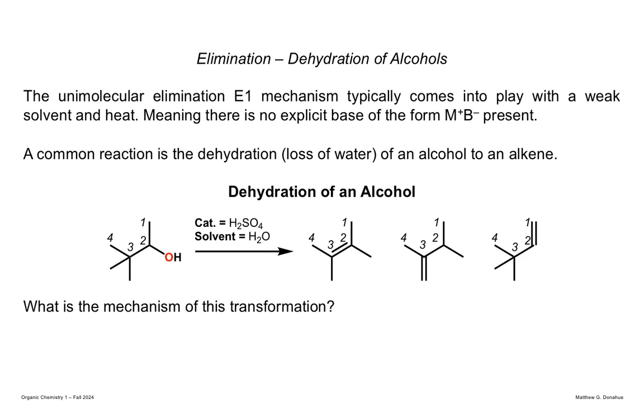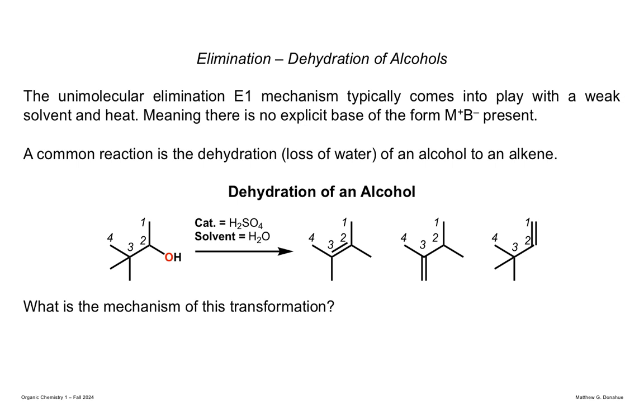So really the difference here is now instead of substituting off solvent for the leaving group, we're going to do an elimination. But we sort of go through the same initial steps where the leaving group has to ionize. And then instead of trapping the carbocation, we're going to do an elimination. So in the E1 mechanism, the reaction coordinate looks a little bit different. You don't necessarily have to have that 180-degree relationship in place.